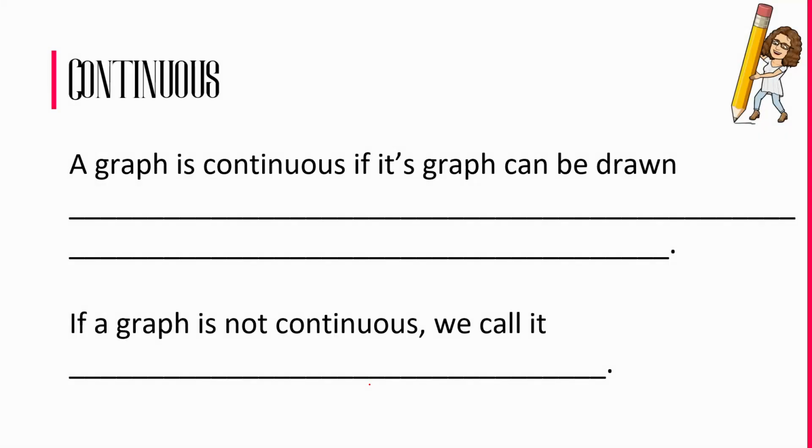Continuous is the easiest key feature of a graph because a graph is continuous if its graph can be drawn with a single stroke of your pencil.